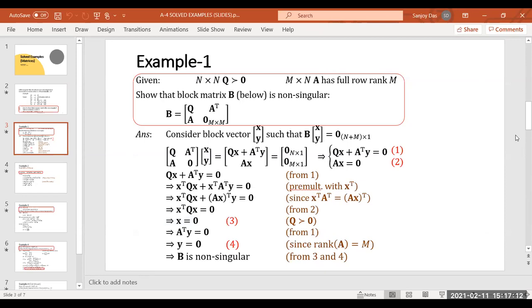Let us say we start from equation 2, which says that Ax is equal to 0. A is already a full row rank matrix, so Ax will be 0 only if x is 0.